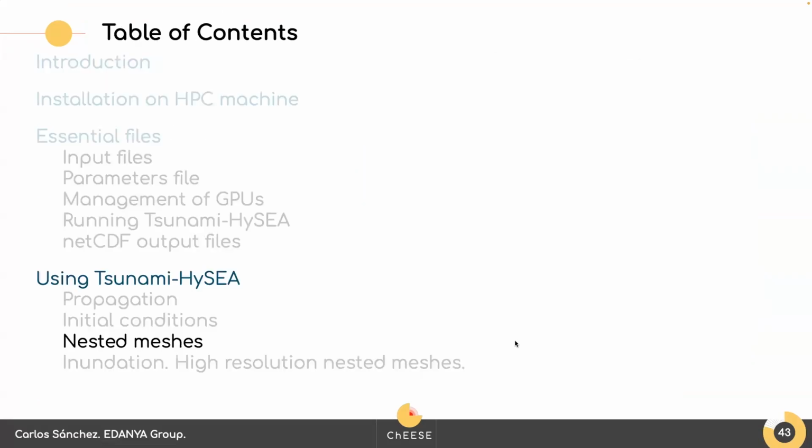So let's now jump to the difficult part of this course, the hottest spot, let's say. That is the nested meshes algorithm in order to achieve high resolution inundation for tsunami simulation.